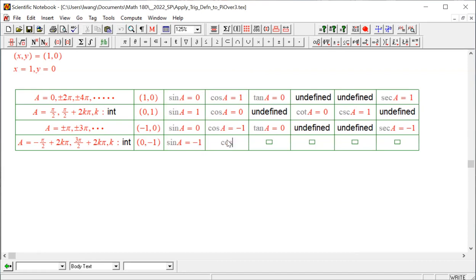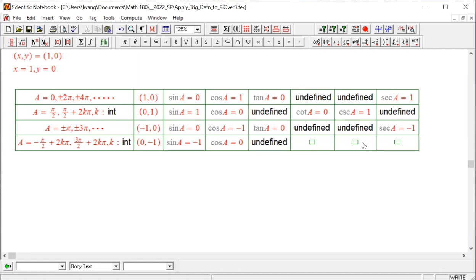Cosine A equals 0 because x is 0, right? This is x, this is y. X is 0, y is -1. Tangent of A is y divided by x, so that's undefined, because we have 0 in the denominator.